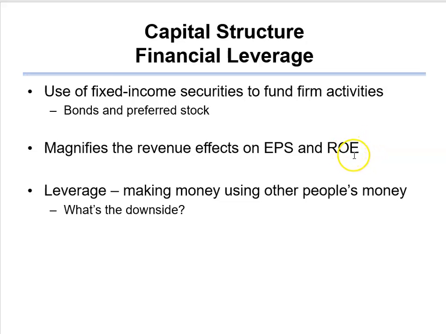I have less equity because I'm borrowing money, but I'm still making the same amount of profits. When we talk about leverage, we talk about using other people's money to make us money. We talked about that earlier in the semester when we were talking about ratios, right? So leverage magnifies our return for the investors, and the return on each share of stock, because we're using other people's money, not stockholders' money, to make those profits.